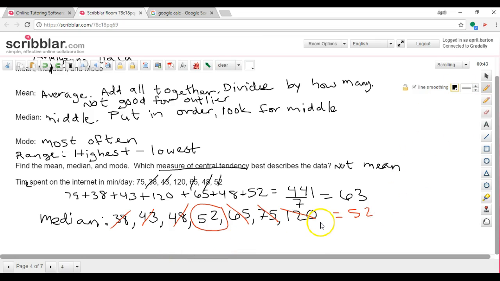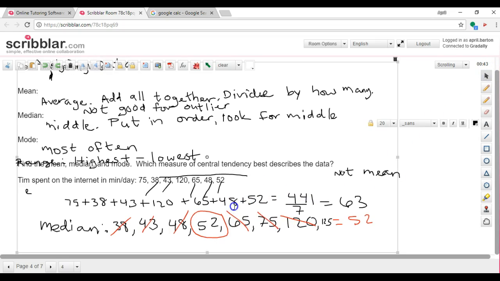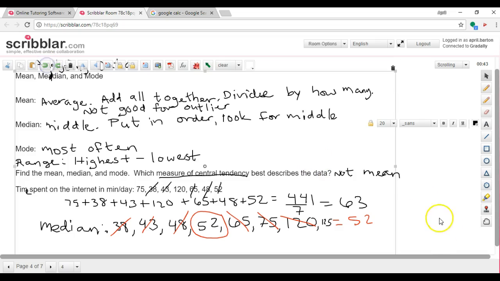If we had one additional number, say 125, you'd end up having two numbers left in the middle. Oops, that was not what I wanted to do. Let me try this again.